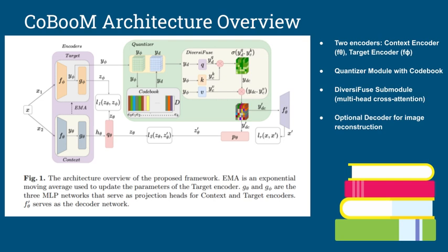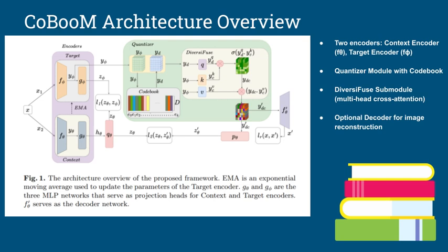Quantizer model with codebook. Now, continuous embeddings alone often lack interpretability and may miss recurring visual patterns vital in medical images. To address this, CoBooM introduces a quantizer module. This module uses a codebook, essentially a learned dictionary of visual patterns or code words. Here's how it works. The continuous embedding Z1 from the context encoder is passed to the quantizer.